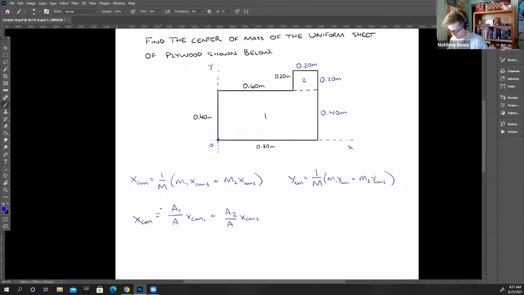Since we're not given a mass, I'm just going to assume that mass and area can be interchangeable in this case. I feel confident with it because it says a uniform sheet up here. That's for the horizontal, same thing for the vertical: A1 over A. Oh, sorry, it's A2 over A.